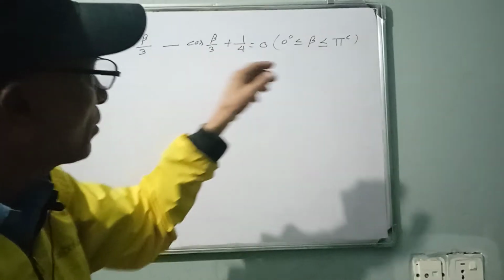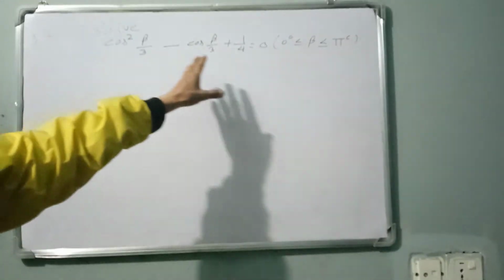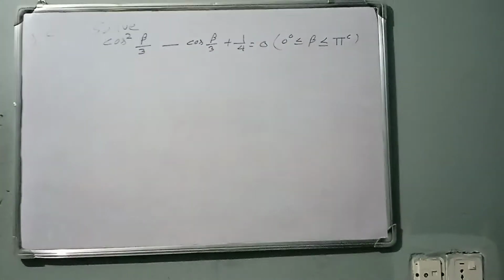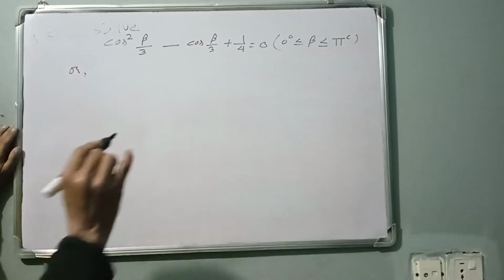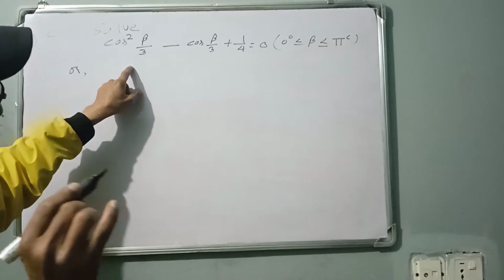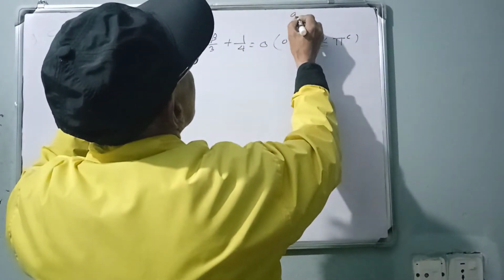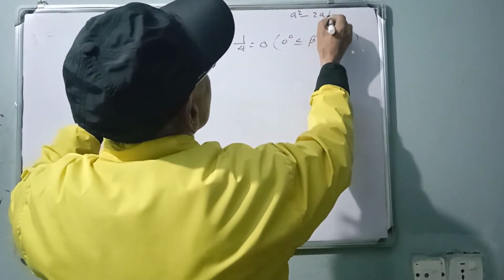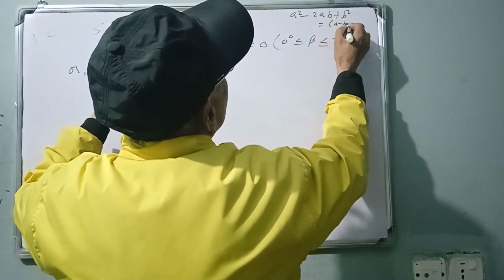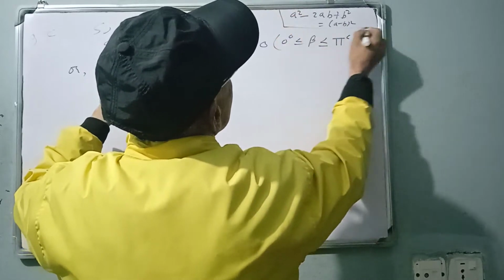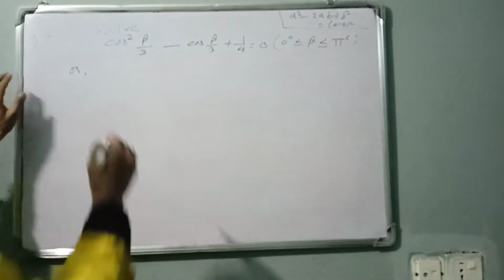If you take LCM, it becomes lengthy. Change it into the perfect form. What is the perfect form? You remember a square minus twice ab plus b square equals a minus b whole square. You have to change.